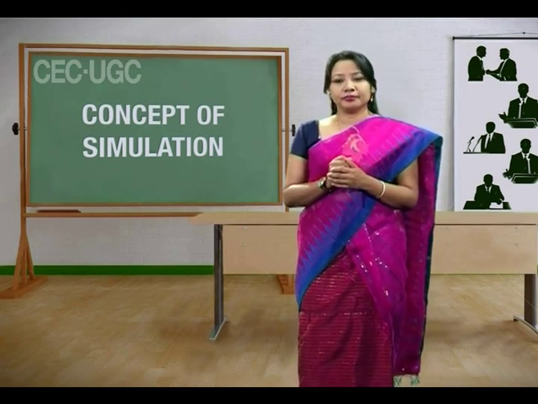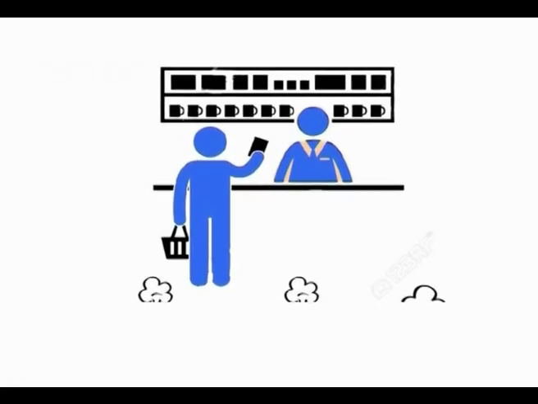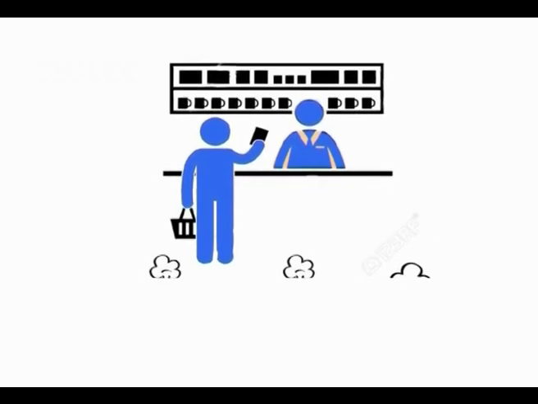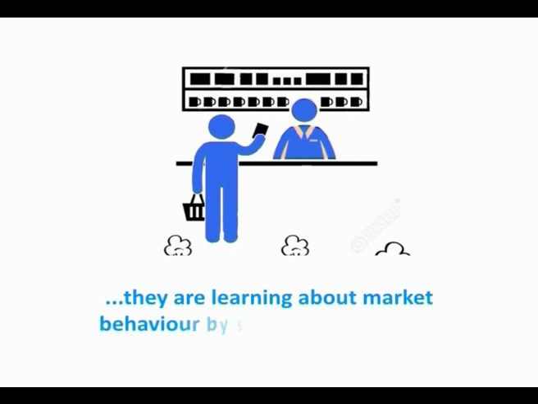For example, when students are assigned roles as buyers and sellers of some good and are asked to strike deals to exchange the goods, they are learning about market behavior by simulating a market.